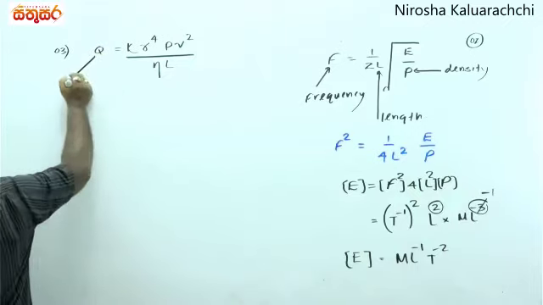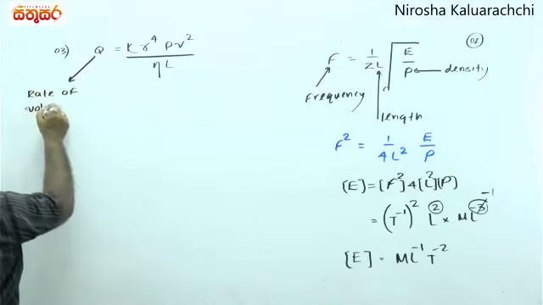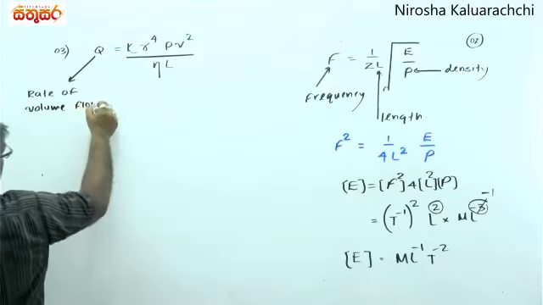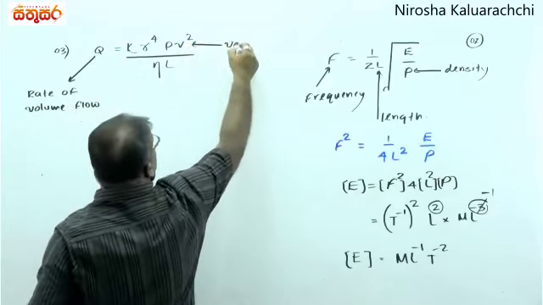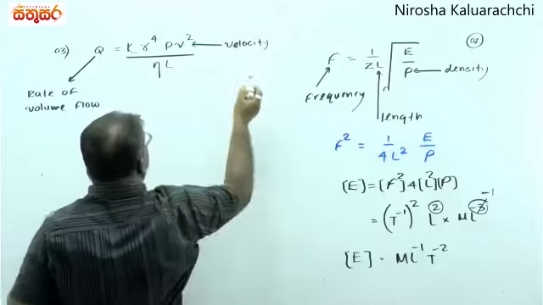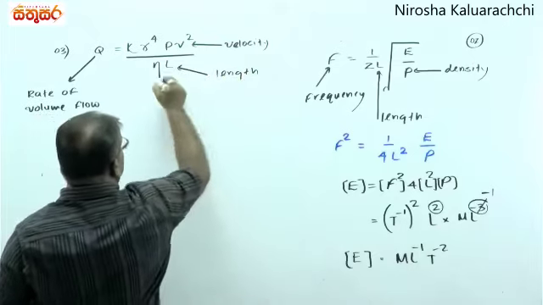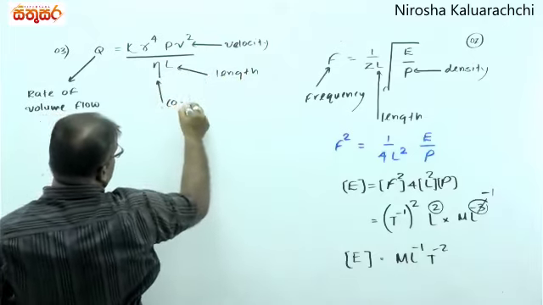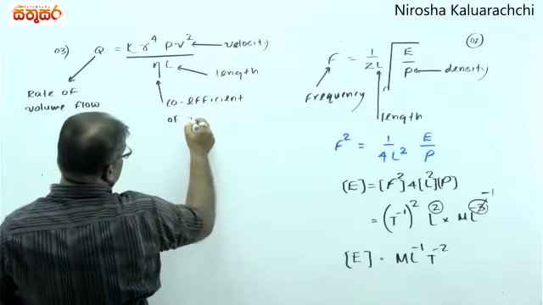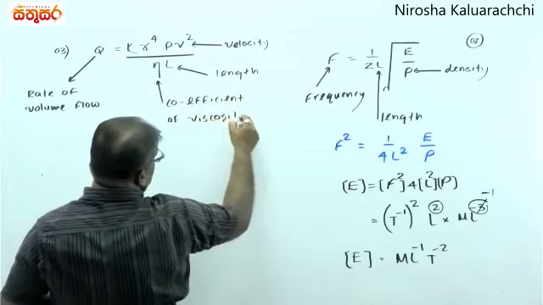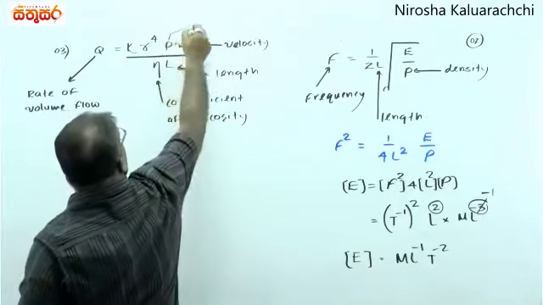Where Q is rate of volume flow, V velocity, L length, eta coefficient of viscosity, rho density.